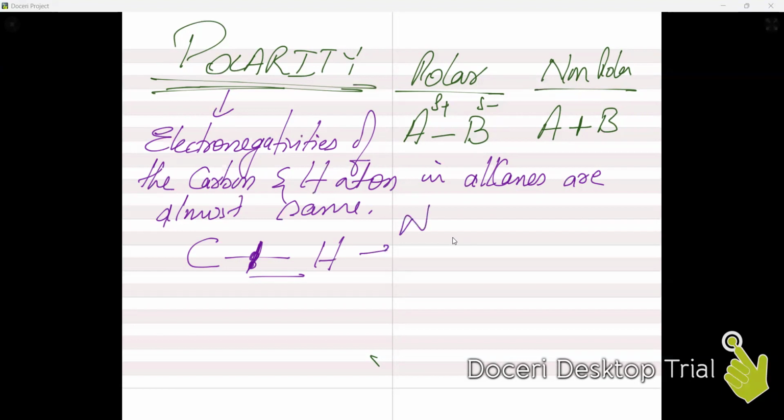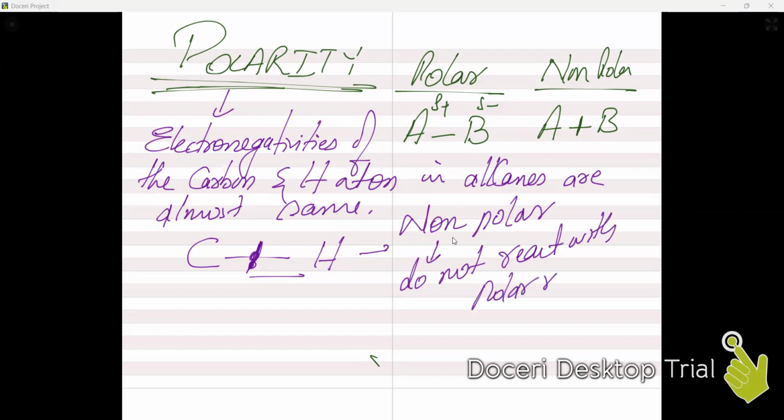And when we say that the compound or molecule is non-polar, it has no partial negative or partial positive charge. That means they do not react with polar reagents. Now, what are polar reagents?